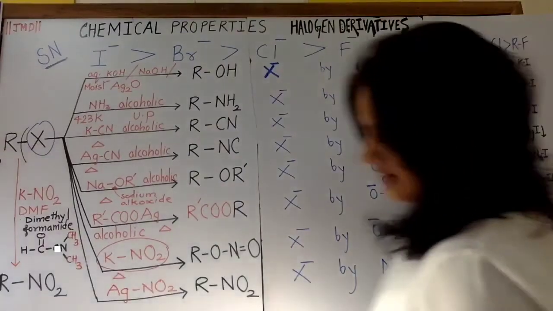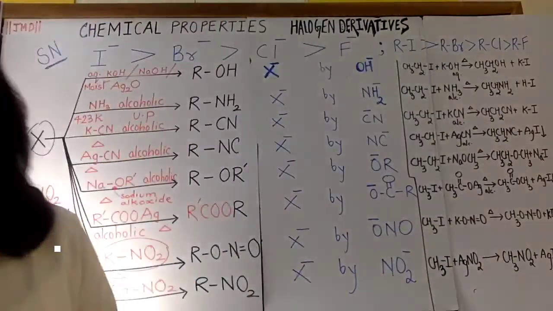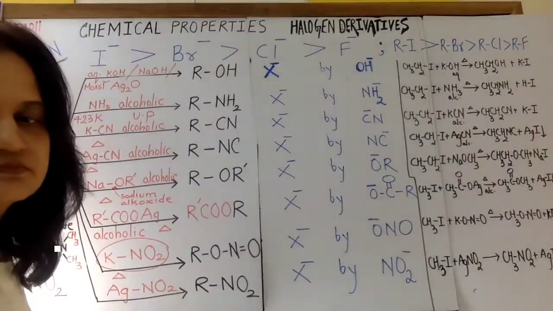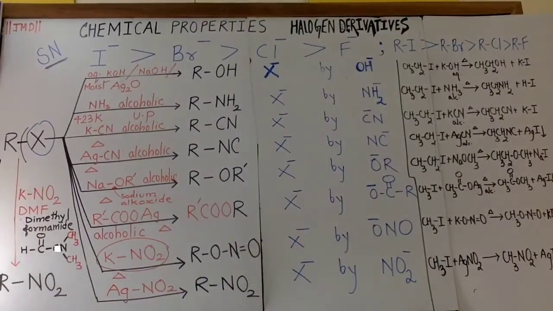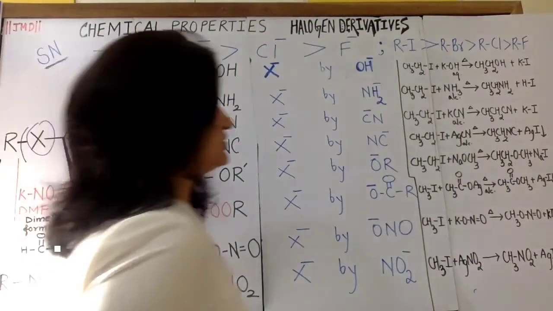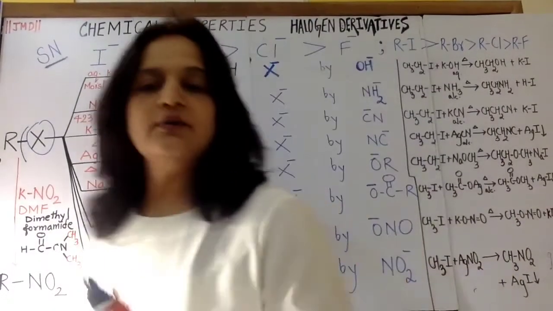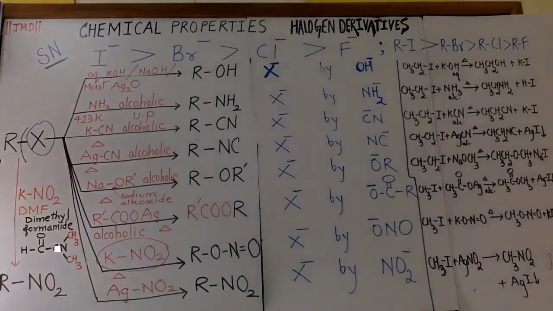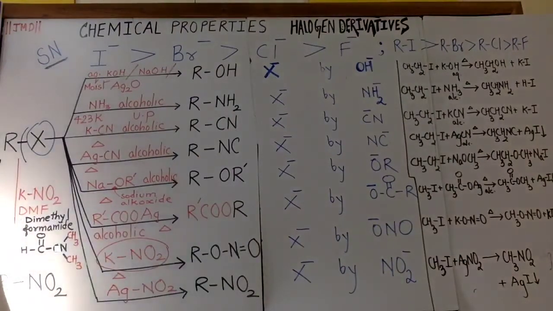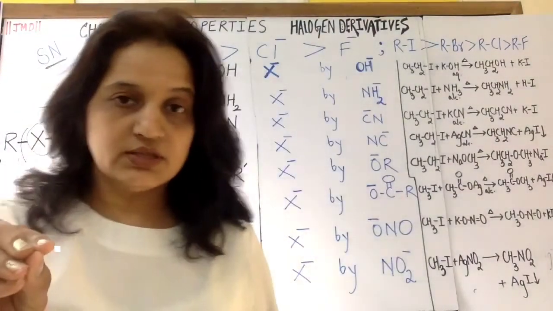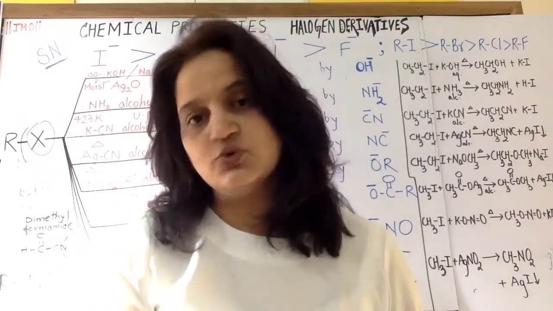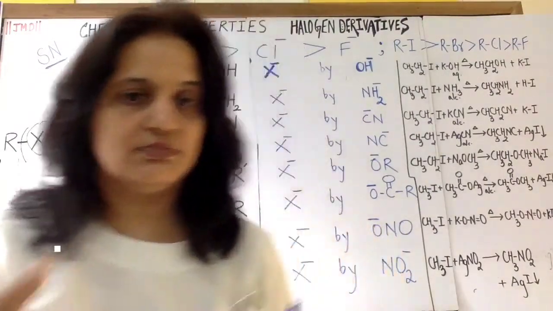So this is how these reactions are taking place. Now one thing which we will do, you may find it difficult to write the equations directly. I'll just write this AgI below as you cannot see it on the screen. AgI. So this is how the reaction takes place. Now, one important thing over here, I'm just telling you the name of all the products which we are getting because you may get confused maybe.